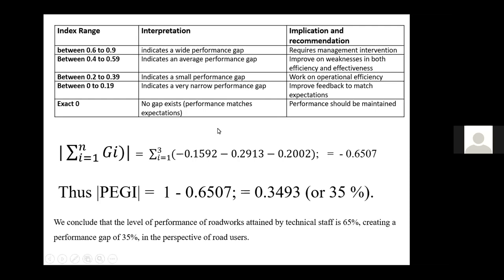Out of the computations here, the computations gave us a gap of 35%. This gap means that the technical personnel can only achieve 65% of their expected performance, and the remaining balance of 35% is the perceived gap according to the stakeholders' perspective.